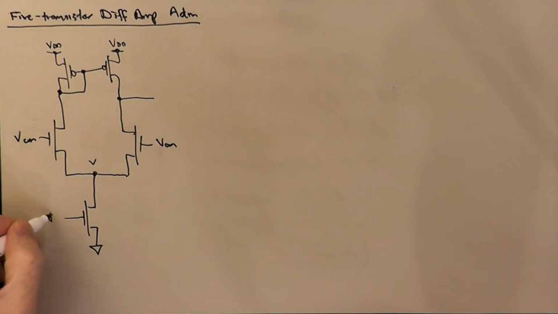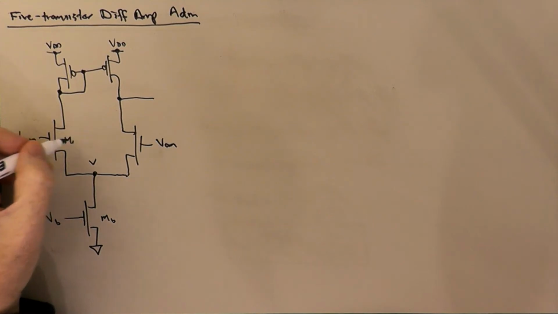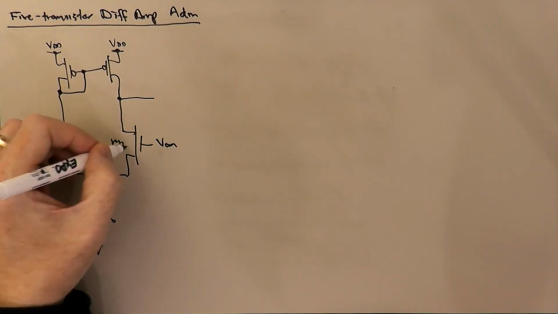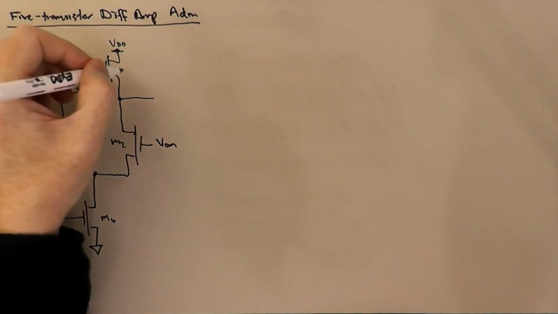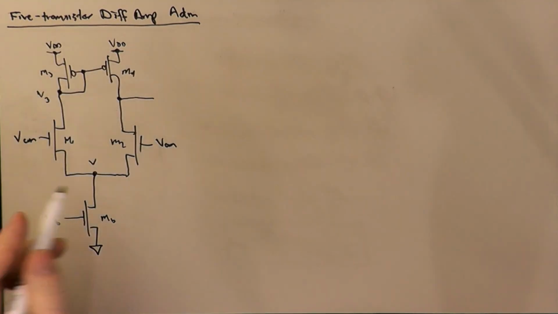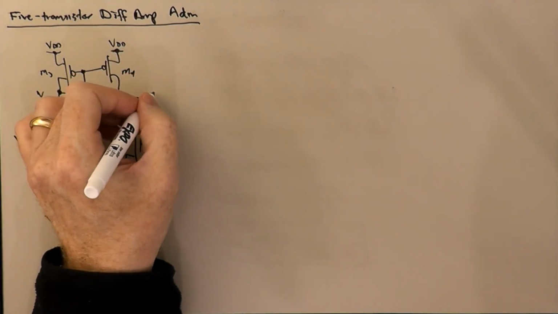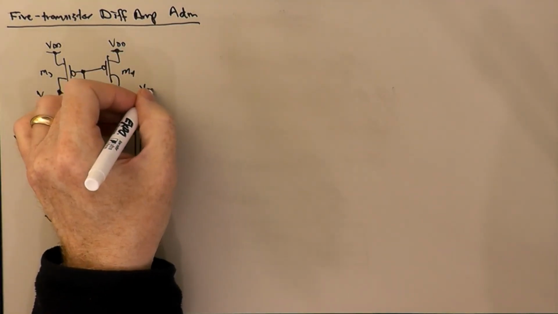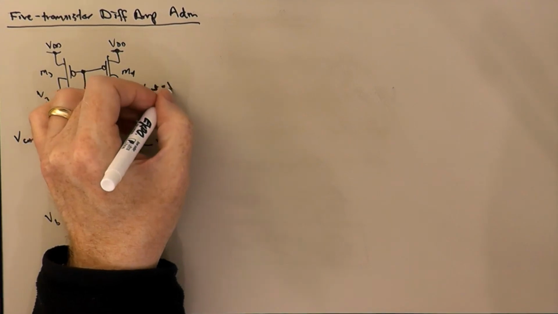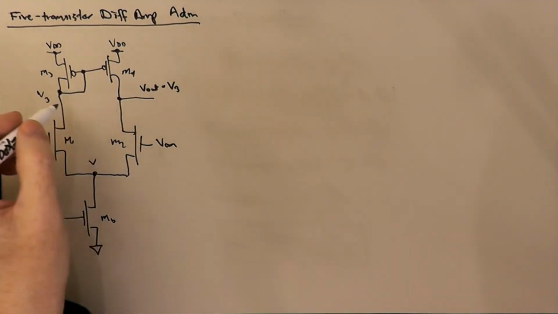And we have a bias voltage down here, so we have MB, M1, M2, M3, M4, V3. And of course we know that the quiescent operating point for the output voltage is that Vout will be basically equal to V3 under these circumstances. So there'll be a balance here between Vout and V3.